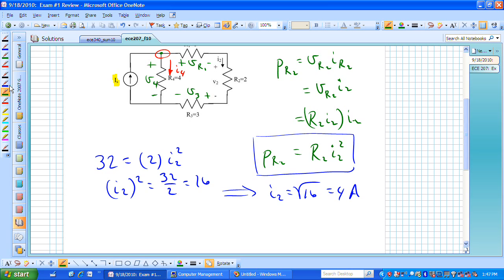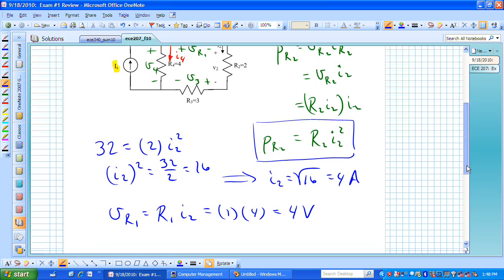V sub R sub 1 is just R sub 1 times I sub 2. R sub 1 is 1. I sub 2 we just calculated to be 4. And we now know that V sub R sub 1 is 4 volts. V sub 2 we haven't calculated, but we can.